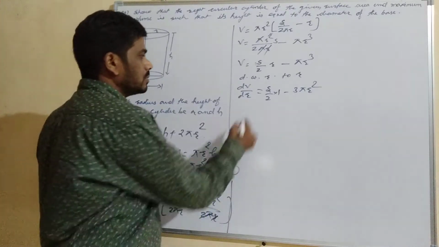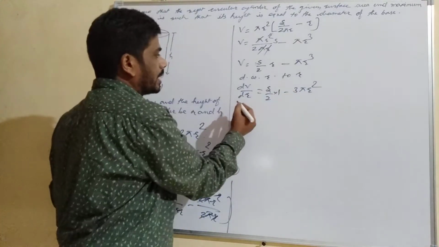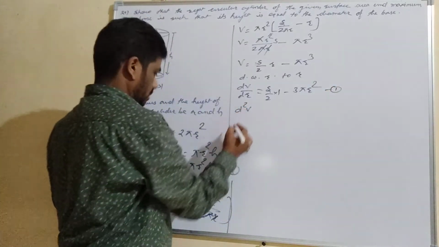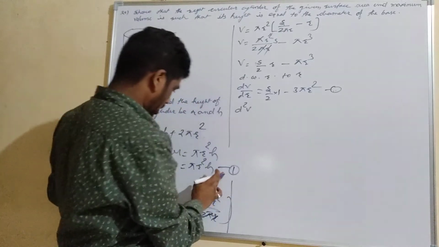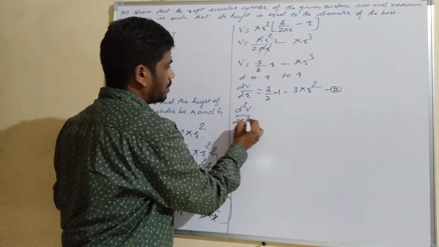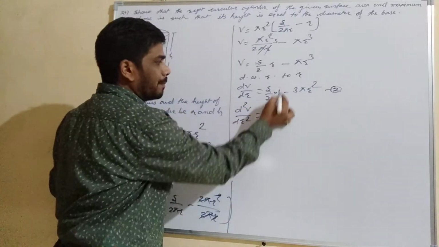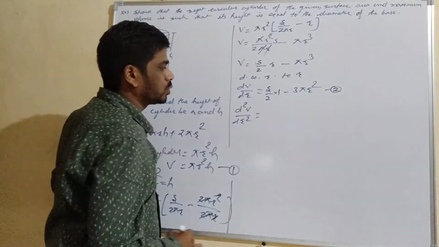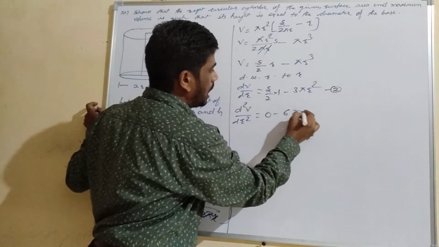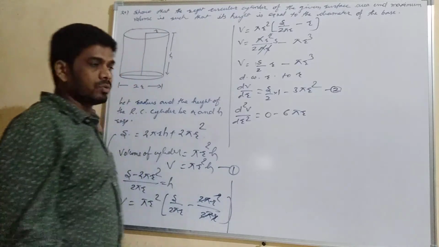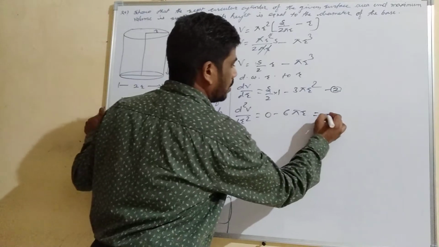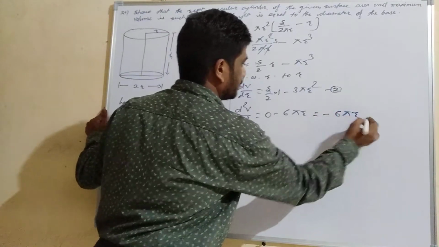Now we will find the second order derivative also. So this will be equation 1, and the derivative will be equation 2, because already we gave the equation. D square v upon dr square will be, this is constant completely, s also is constant, upon 2 is also constant, so this will be 0 minus 3 into 2, 6 pi r we got. Now this is the second order derivative, which means we got minus 6 pi r.